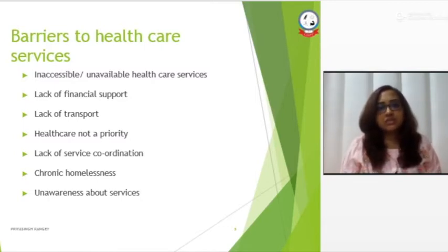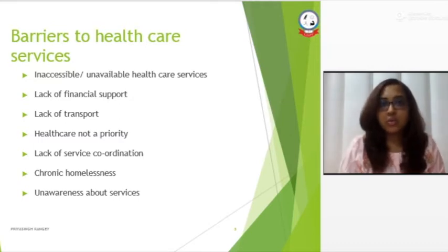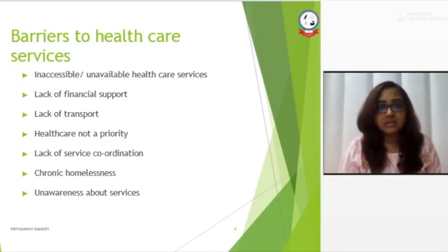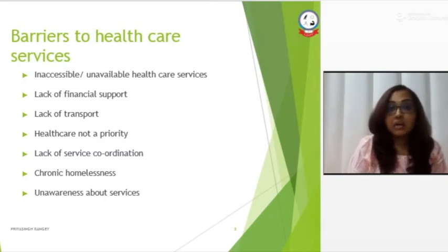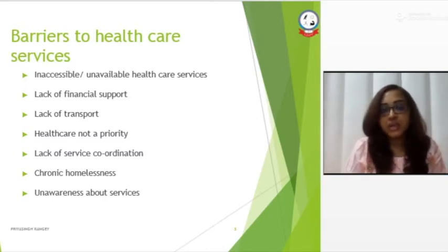So there is unavailability also at certain levels, because we do not have multi-speciality hospitals in the rural sector. They barely get even a small sub-center level of healthcare. So many times they face inaccessibility to healthcare services, and sometimes there aren't any healthcare services available.